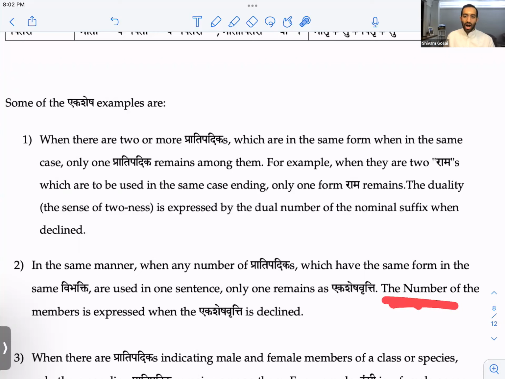And how do you know there's 100 Ramas? Because you'll use the plural, Ramaha. If I have a sentence referring to 100 Ramas, you'll just say Ramaha, instead of saying Ramascha, Ramascha, Ramascha, Ramascha.